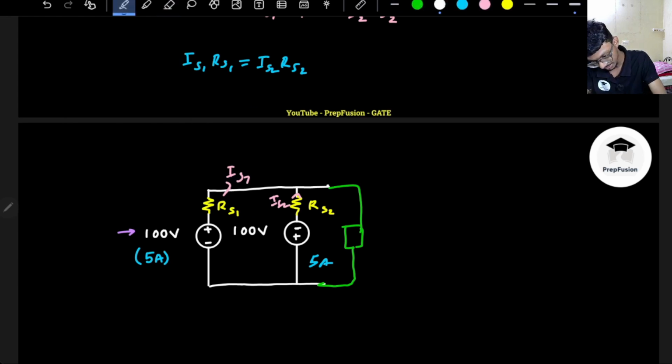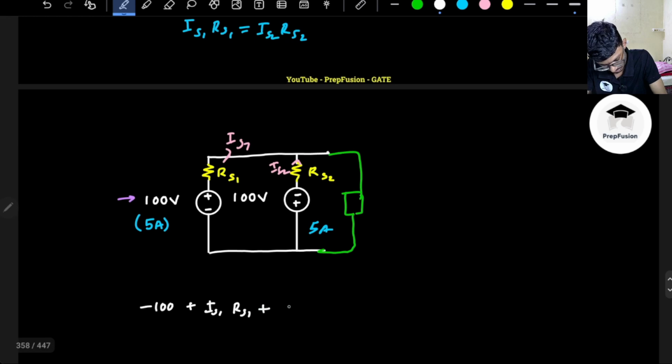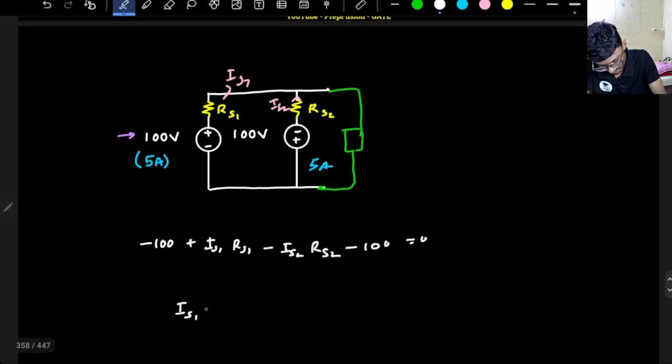Now the problem is that this is minus 100 plus IS1 into RS1, and this is minus IS2 into RS2 minus 100 equals 0. So now IS1 RS1 minus IS2 RS2 is equal to 200 volts.